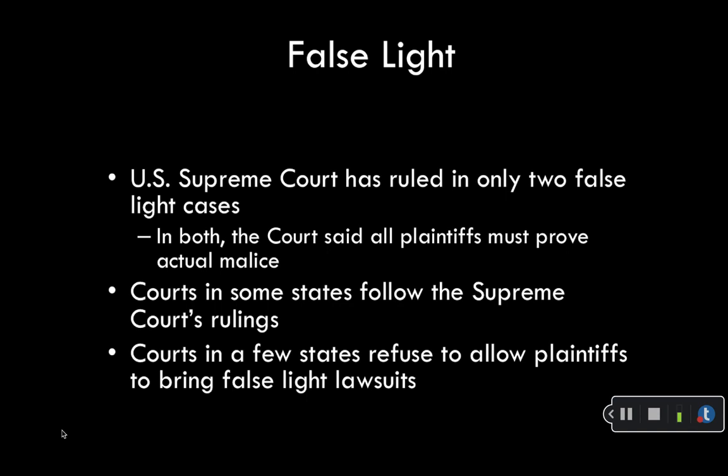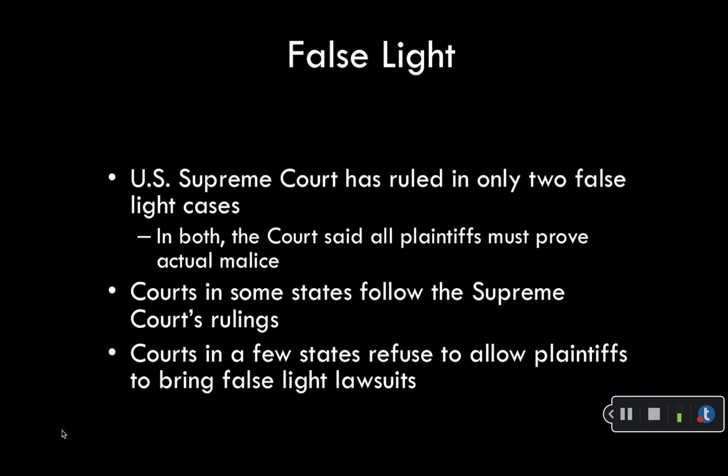Justice William Brennan declared in the Supreme Court ruling that the family's name and photos had not been used for trade purposes, and he applied the same First Amendment standards from the New York Times versus Sullivan libel suit to this category of invasion of privacy litigation, saying, "We hold that the constitutional protections for speech and press preclude the application of the state privacy statute to redress false reports of matters of public interest in the absence of proof that the defendant published the report with knowledge of its falsity or in reckless disregard for the truth."